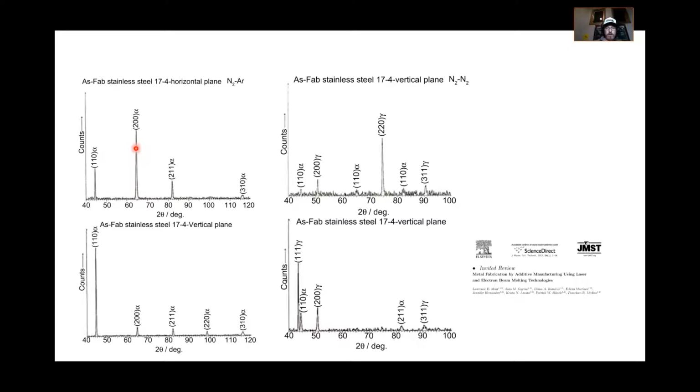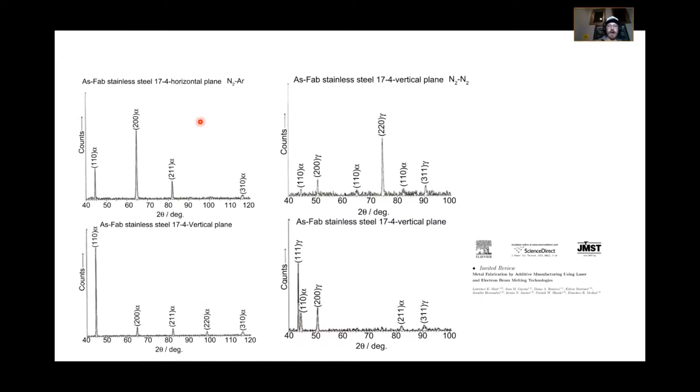Okay, it's kind of cool because this was selective laser melting, and this N2 argon means that the powder used to make the specimen was gas atomized using nitrogen as an inert gas, but for the building of the component, the laser, SLMs need an inert gas to fabricate a specimen.